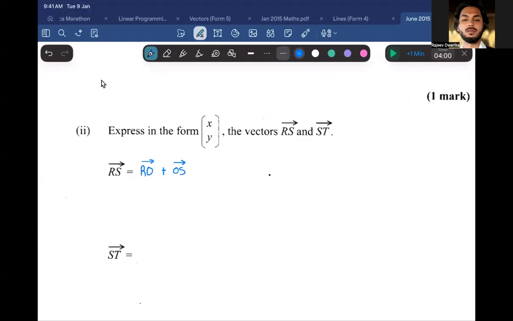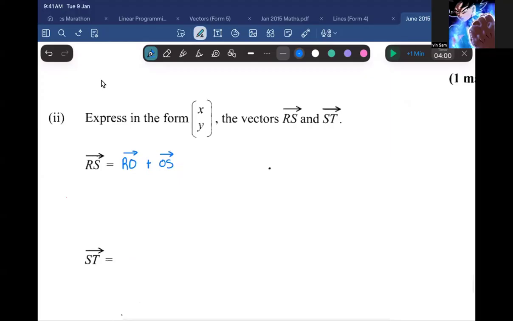S to T. How would I go from S to T? S to O, and from O to S. Now, where do you want to go?